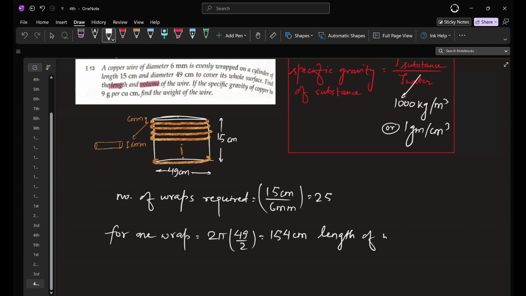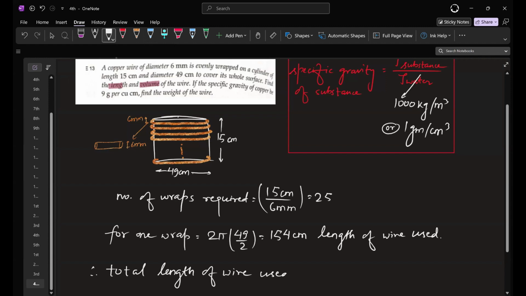So the total length of wire used will be 154 into the number of wraps. Whatever this comes to, that many centimeters of total length of wire would be used.